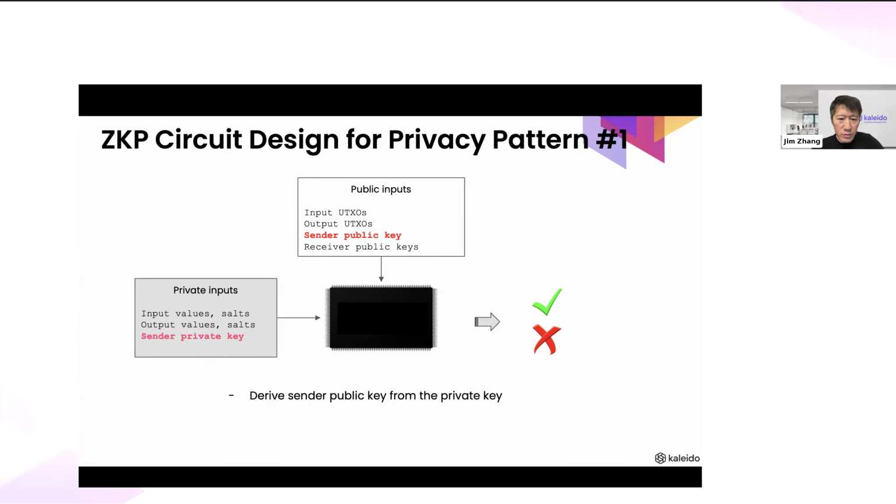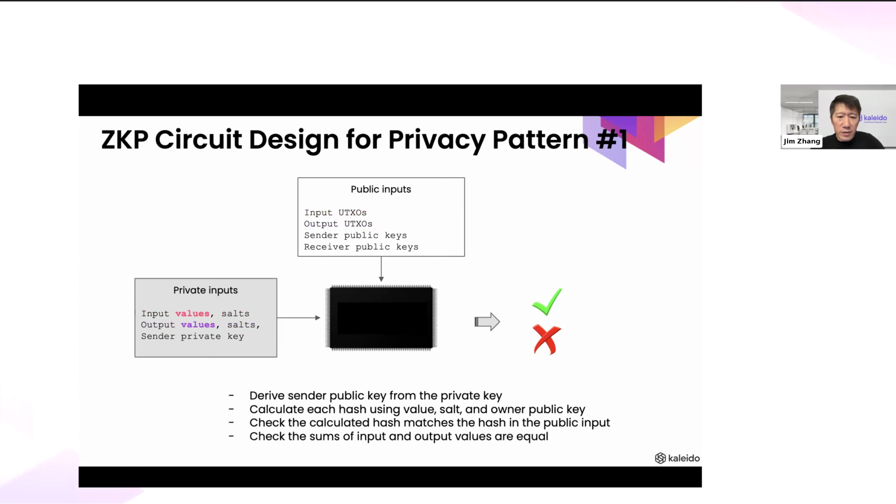So the next step is the circuit will calculate the hash and then check that the calculated hash matches the hash in the input. So at this point, the proof has attested that A is really the owner of the input UTXOs to be spent.